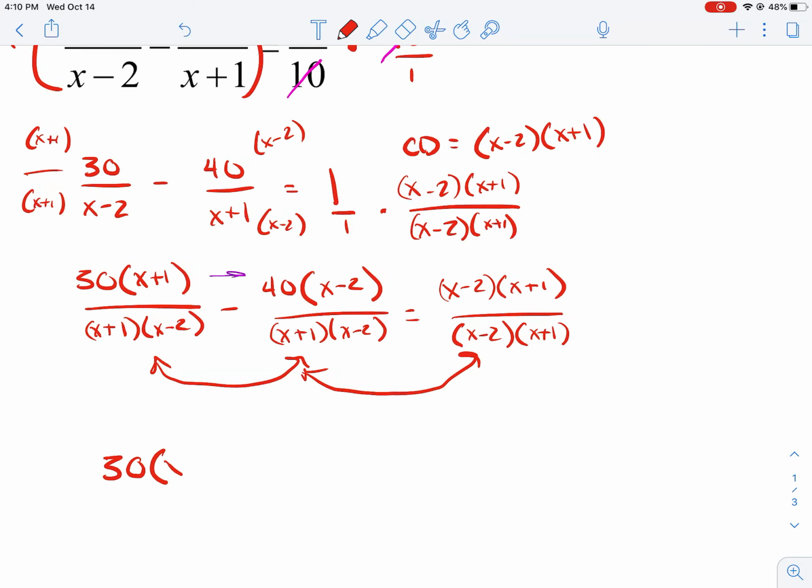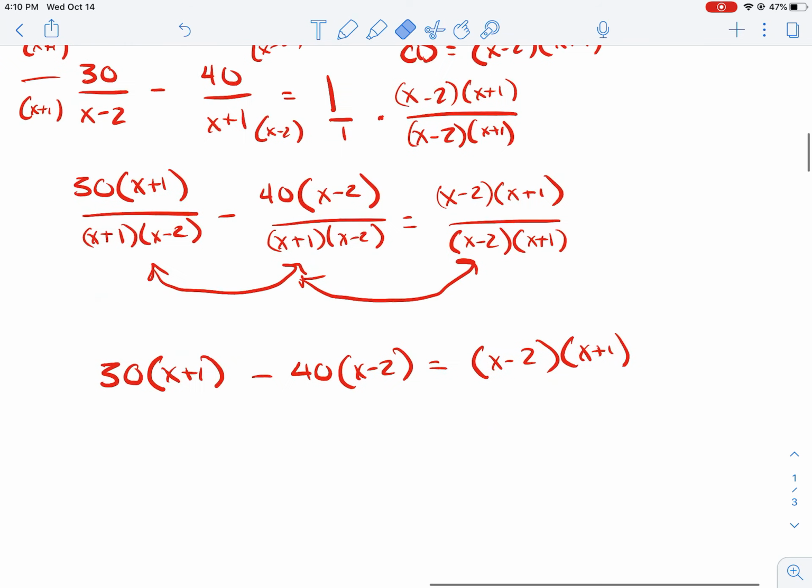Once everything is set up and we got everything in the right place, we drop the denominator, and now I'm just left with 30 times x plus 1 minus 40 times x minus 2 is equal to x minus 2 times x plus 1. Now I'm going to distribute these two things.